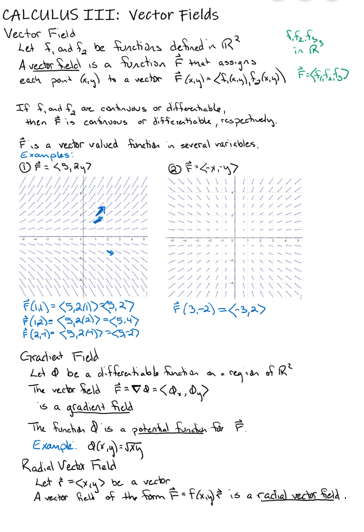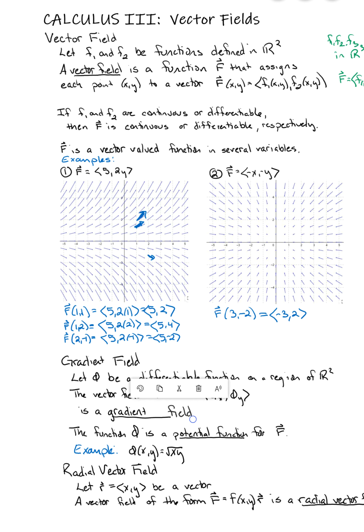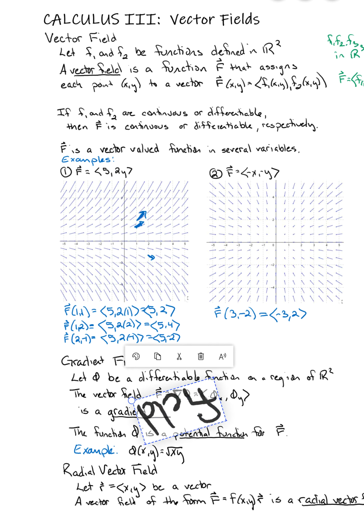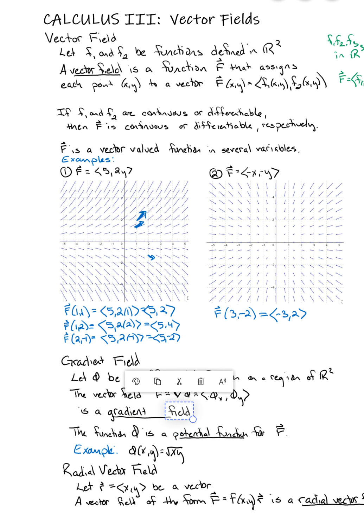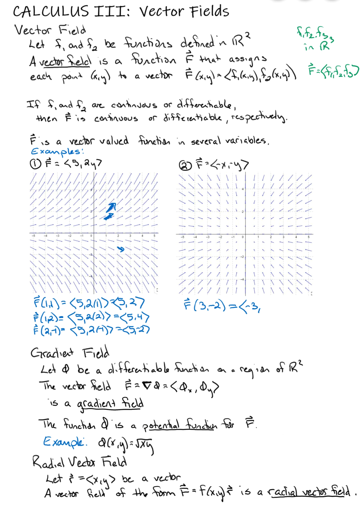So again, at the point 3, negative 2, we have now the vector negative 3, 2.